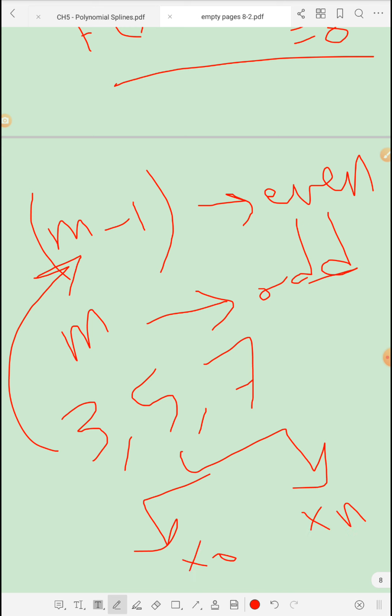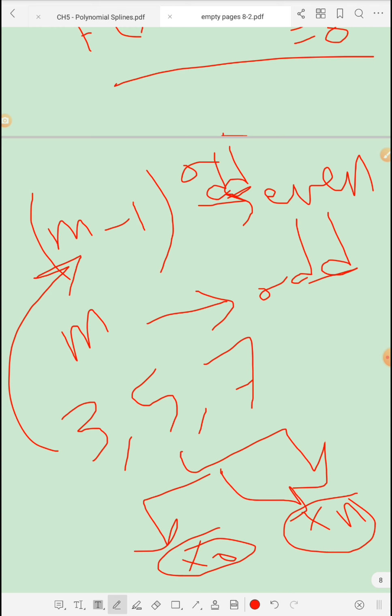But if the polynomial order is even, then m minus 1 will be odd, and one of the nodes, x0 or xn, will have one more condition than the other.